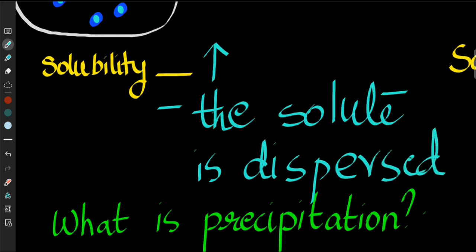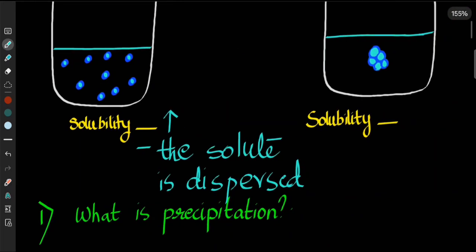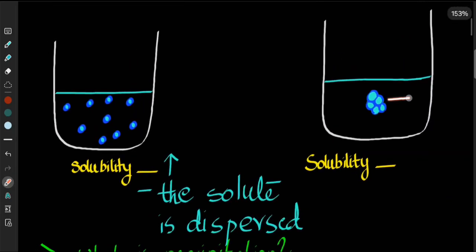And the reason the solute is dispersed is because the protein is forming bonds with the water molecules, therefore it is equivalently dispersed properly. But over here, as we can see, the protein is not forming bonds with the water molecules, right? And therefore it has formed an aggregated form.